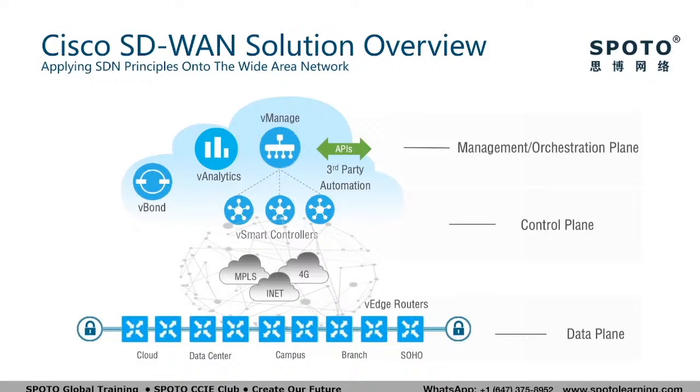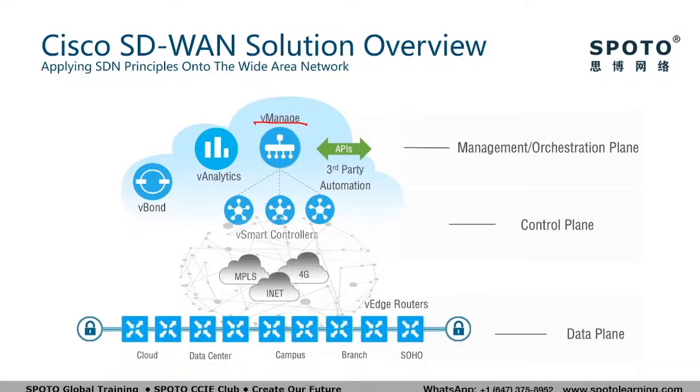So after we have discussed these components for the SD-WAN solution, here is the overview. For the network engineer or administrator, vManage is the user interface, the graphical user interface.